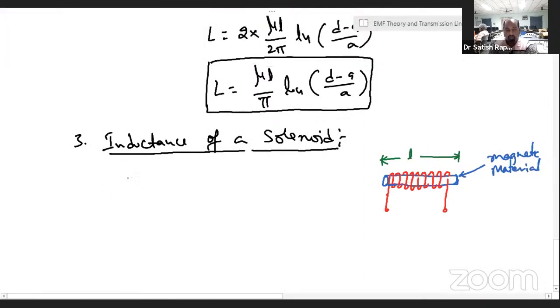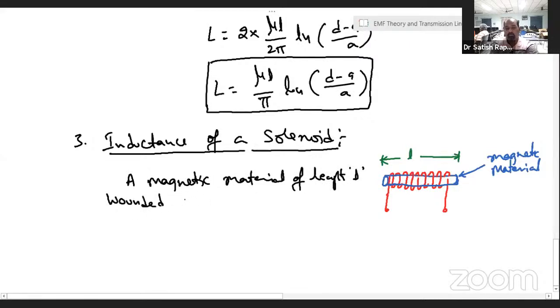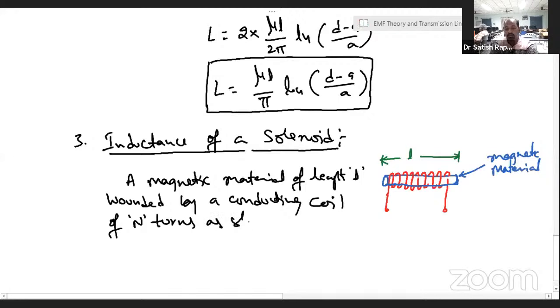A magnetic material of length L wound by a conducting coil of N turns, as shown, is called a solenoid.